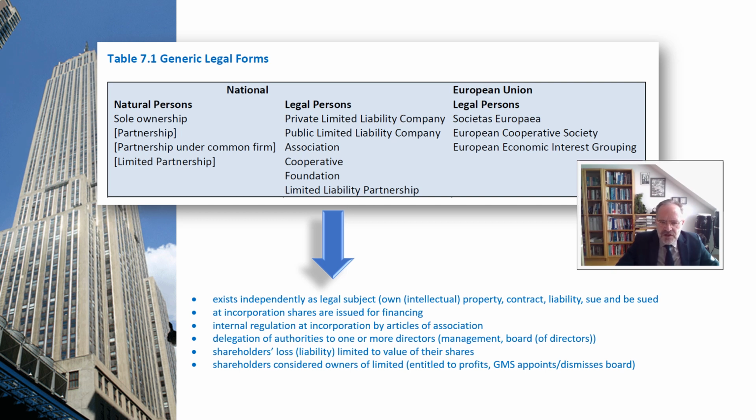When we look at the legal persons, and we will deal with that in more detail, you see the arrow, we see on top the private and the public limited liability company. That is what we will focus on. In the book, but not in the lecture, you will find more information on the association, cooperative, foundation, and limited liability partnership. On the last, a few words.